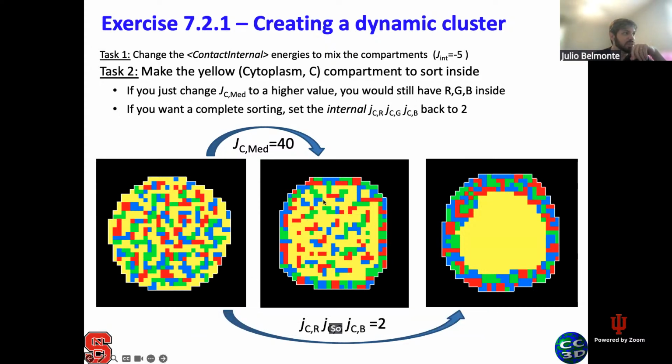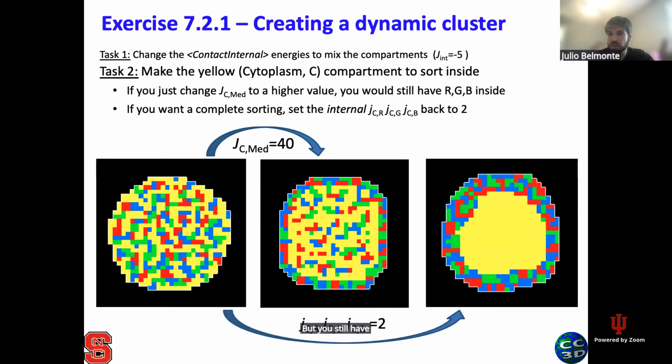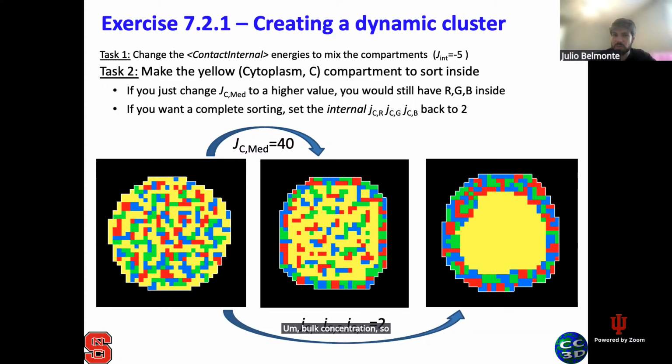So if you just do this, you get this output where all the yellow compartments go inside, they never touch the membrane, right? But you still have a mixture of your other proteins inside the cytoplasm. And that may be a desirable output. Maybe your other proteins can be on the membrane and also in the bulk concentration. So that's going to be a good way to do it.